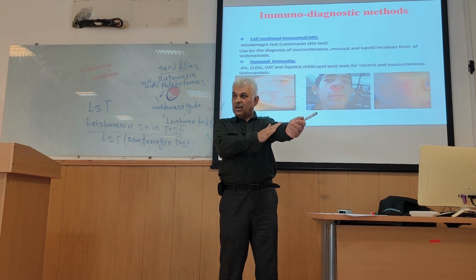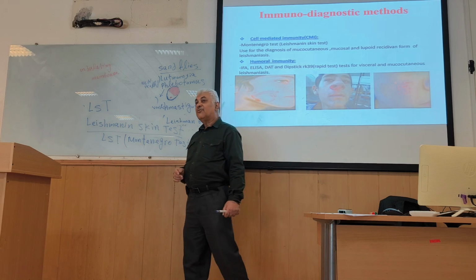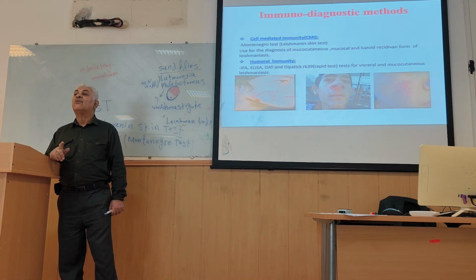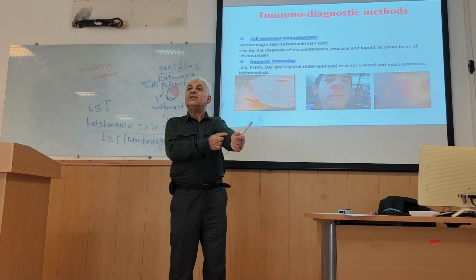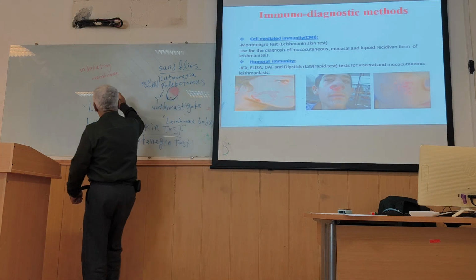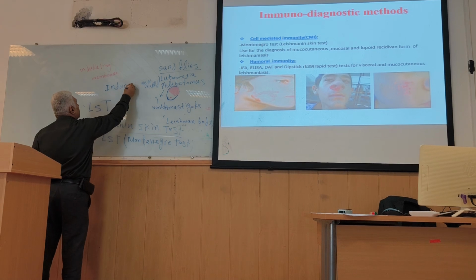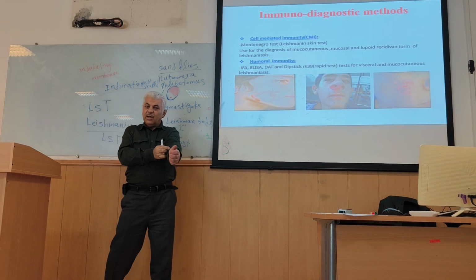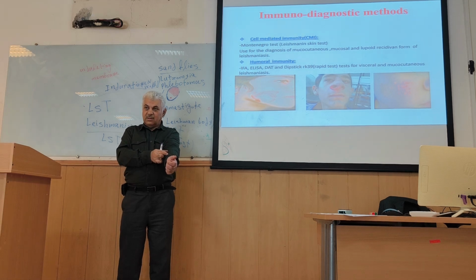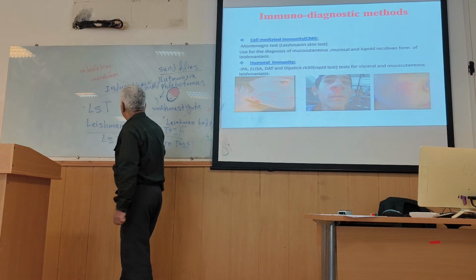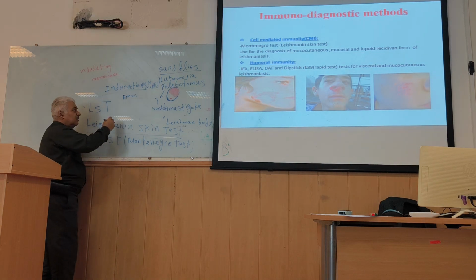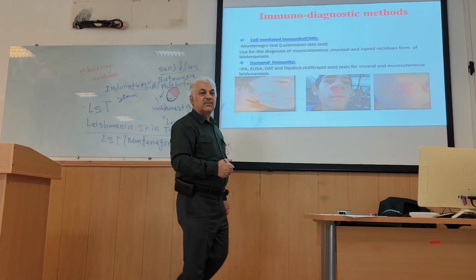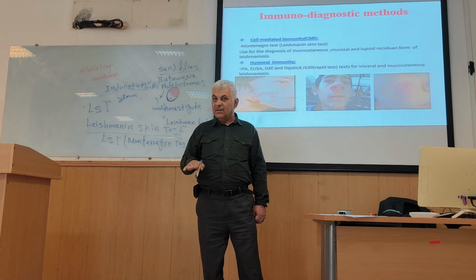After 48 to 72 hours, similar to tuberculosis, the reaction, or induration, the thickness, is measured by a ruler or calipers. If the average diameter is 5 millimeters and above, consider it a positive reaction. Under 5 millimeters, consider it negative.